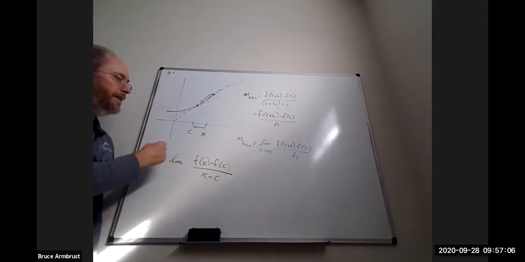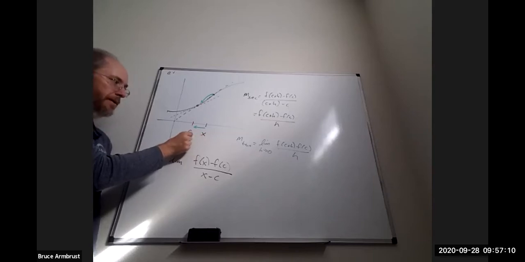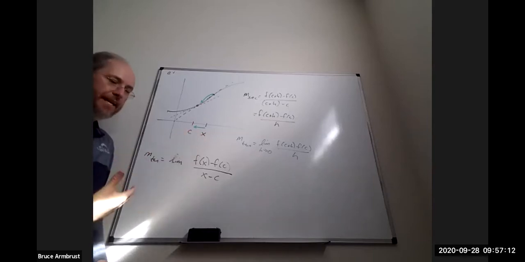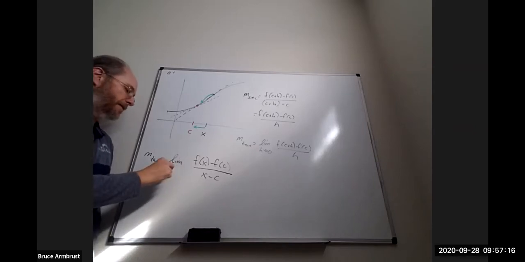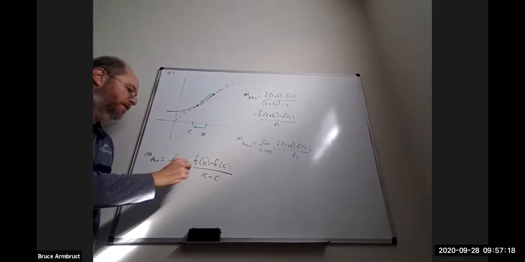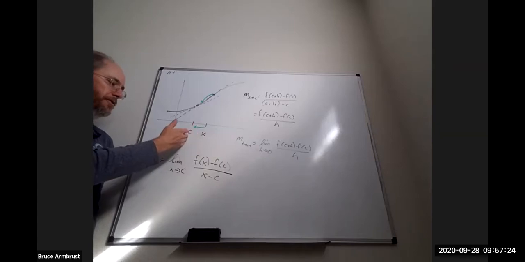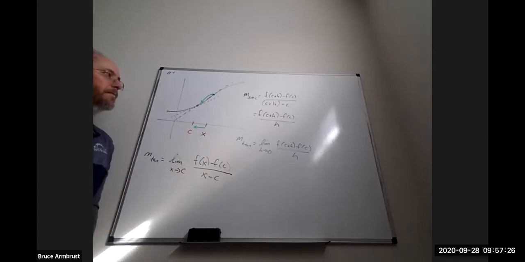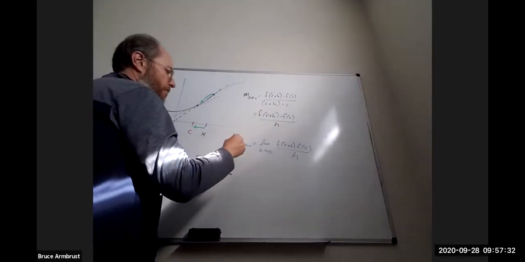But now I still want this gap to disappear, but I don't have an h or anything like that. Instead, what I'm going to say is I want x to approach c. I want that second point to get close to the first. So both of these are totally fine.